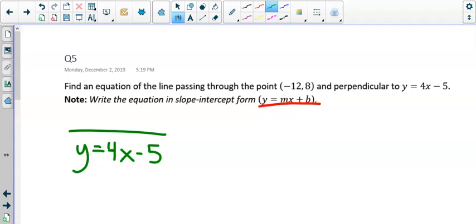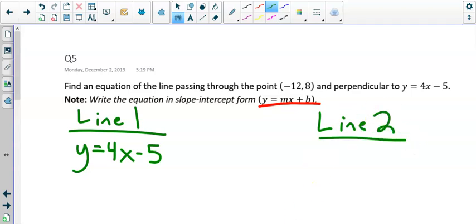How many lines are we dealing with in this problem? 2. The one that we know and the one that we're trying to figure out. And remember in class I told you that the equation that's given to you goes under line 1. What went under line 2? The point. Because that point is for our new line that we're trying to get at.